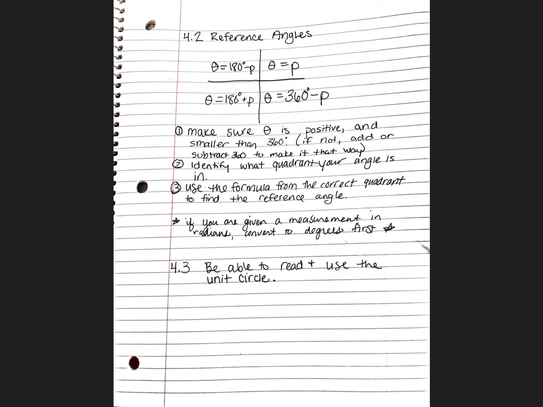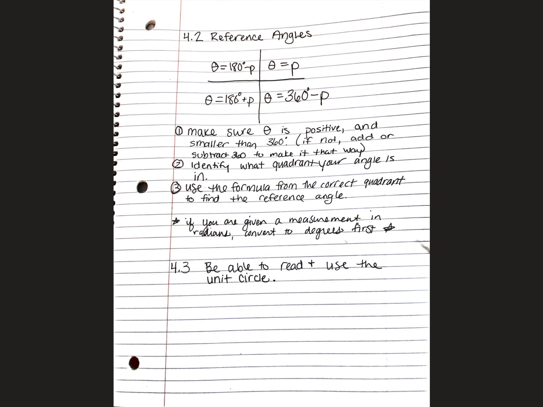Then you're going to determine what quadrant your angle's in, and depending on the quadrant, use the correct formula to find the reference angle. You need to know these for your test, right? You're not going to be given the formulas, so you will need to know those. And if you are given a measurement in radians, just convert it to degrees first to find the reference angle.